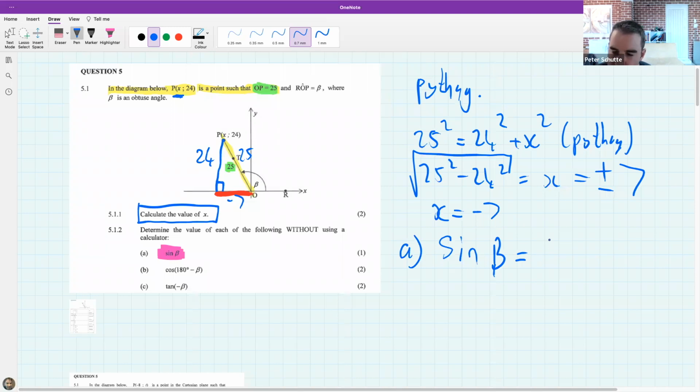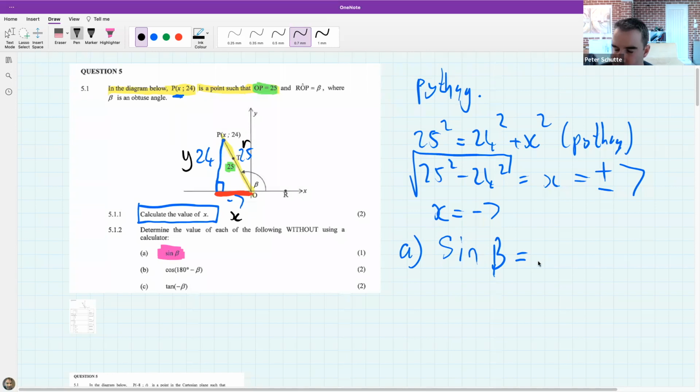So remember, with sine, it's always going to be opposite over hypotenuse, or in terms of this drawing, it's going to be y over r. So what's y, what's r? For me, this is a y, this is an x, this is an r. No problem, Shane.